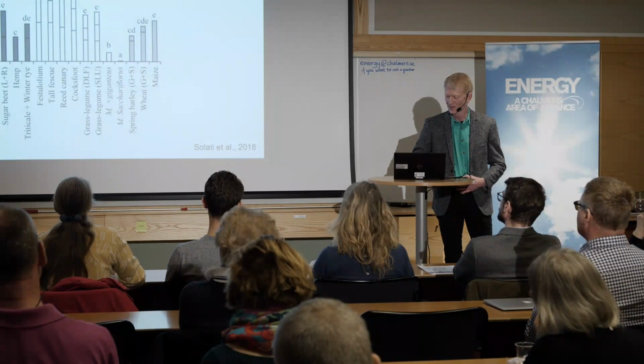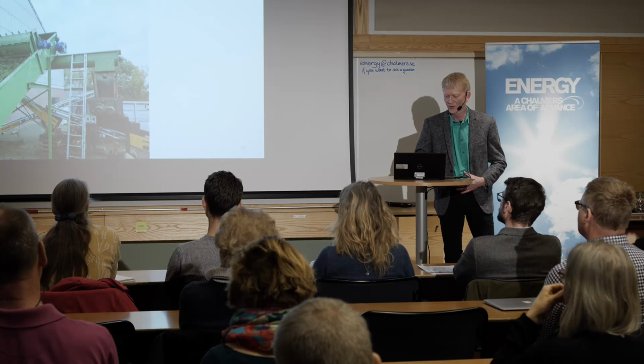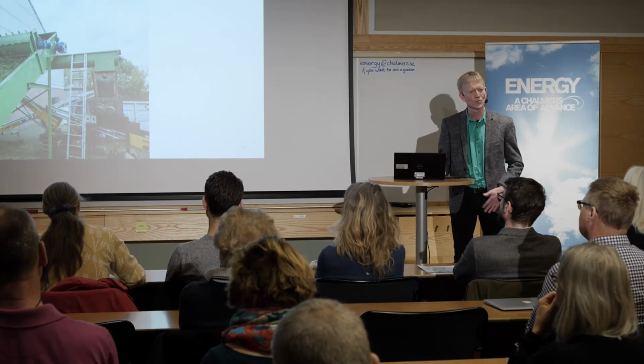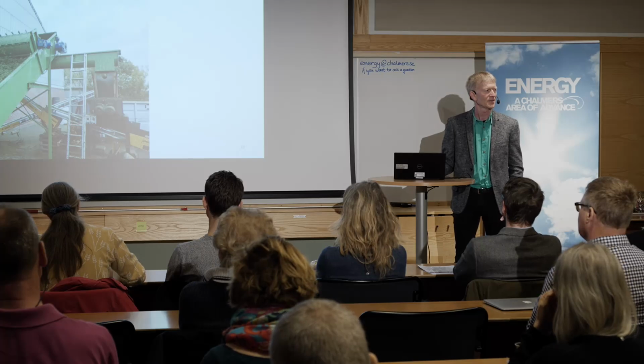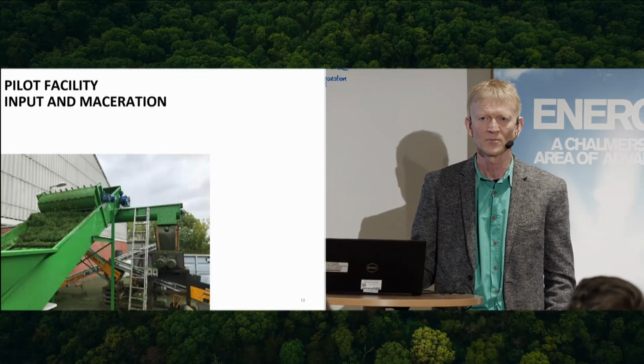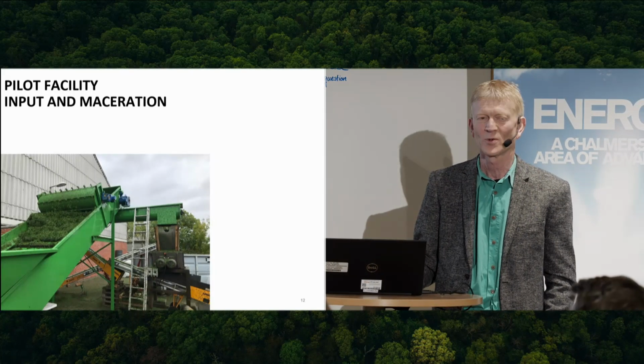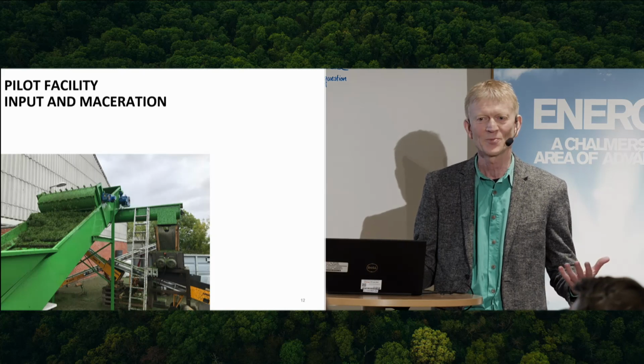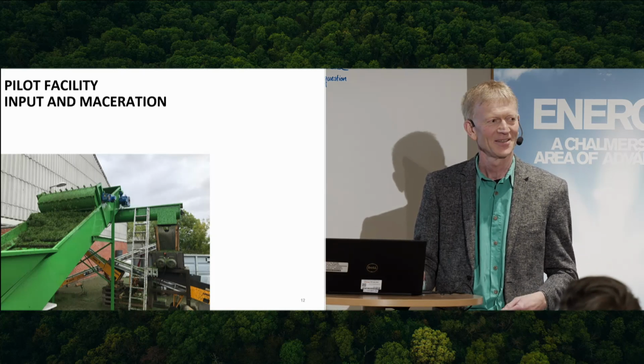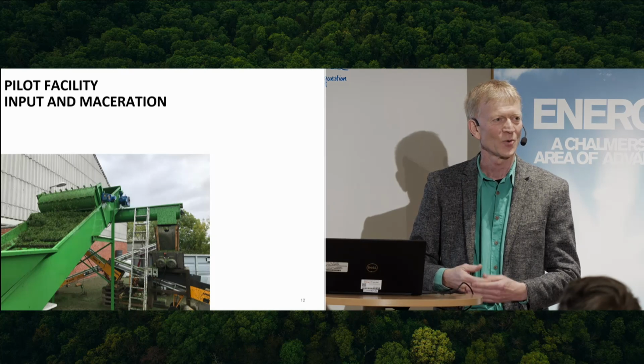That's another question. So I'll show a few pictures from what we have started doing. We have a pilot facility at Aarhus University in Foulum, in the middle of nowhere in the countryside, which means that we have good space for doing dirty work.